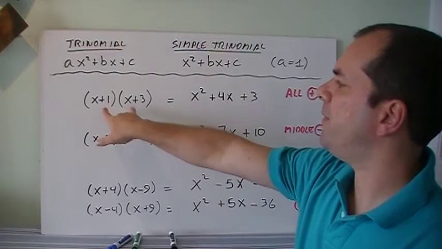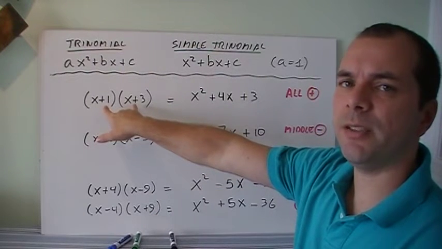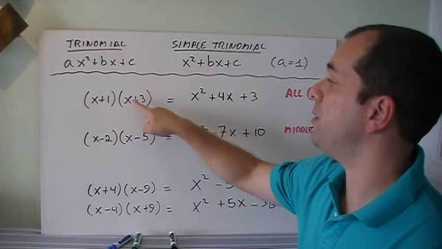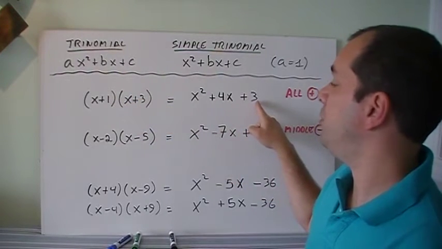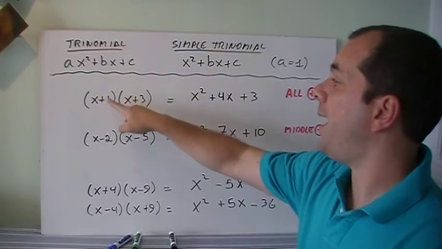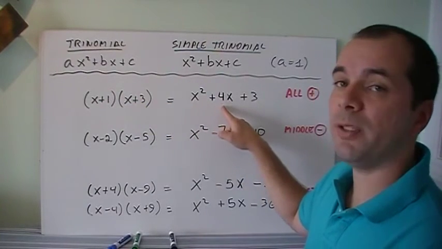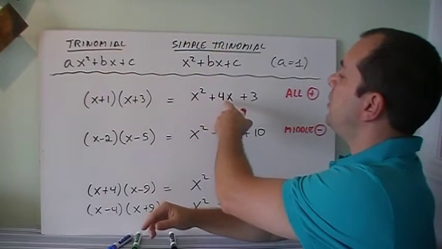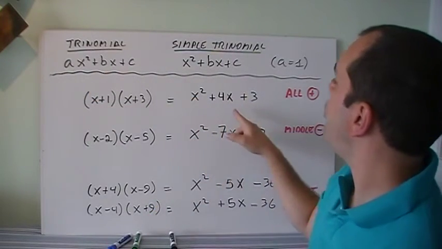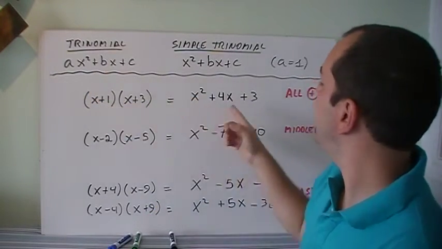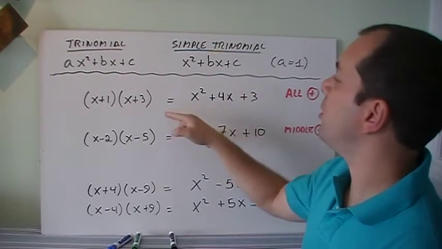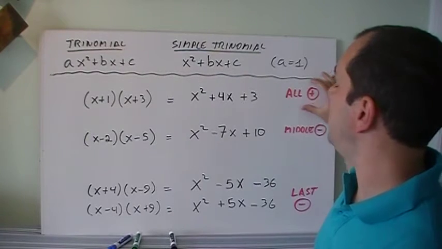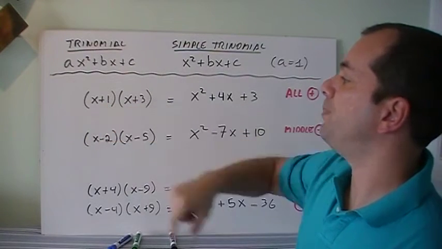Well, if I've got both signs that are positive, I'm going to be adding the middle term. We multiply the last two to get this number, which is going to be positive, and then adding, which is also going to be positive. So when I have something like this to factor, x squared plus 4x plus 3, I know that I'm going to start with x plus and x plus, and I know that both numbers are going to be adding. Make sense? So if all numbers are positive, I get all positive.